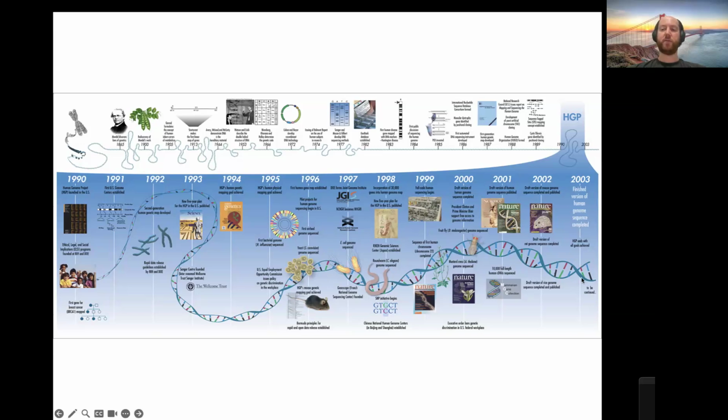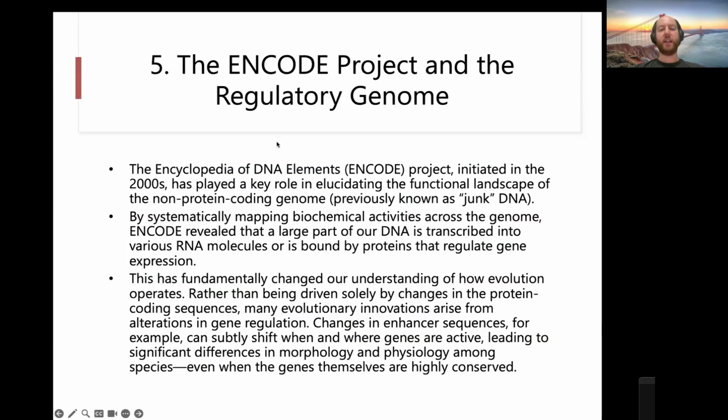So when the human genome was first mapped, the people were saying, okay, so what's next? How do we understand? We have all these protein coding genes, we can understand this 2%. How do we understand the rest? How can we understand all of these switches? And so the government of the United States started this project called the Encyclopedia of DNA Elements.